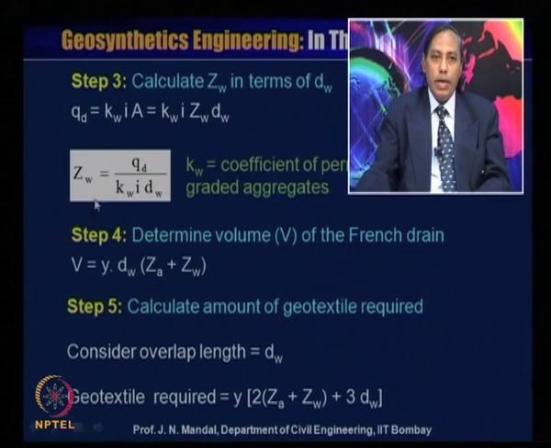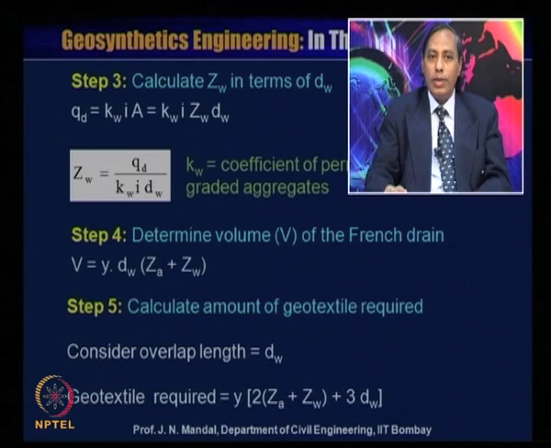From this equation you can calculate ZW, that means ZW is equal to QD divided by KW I into dW.